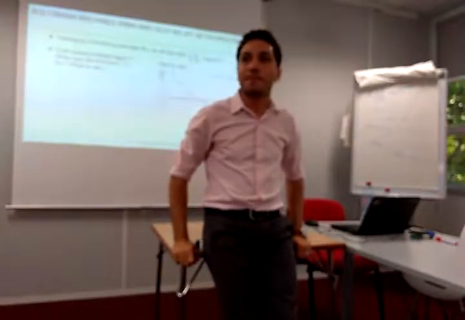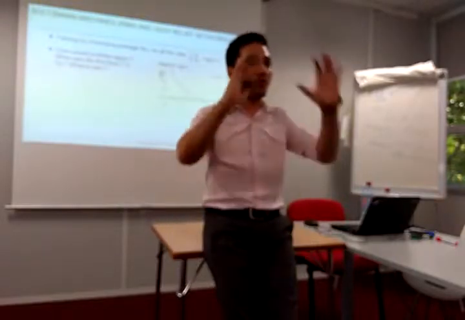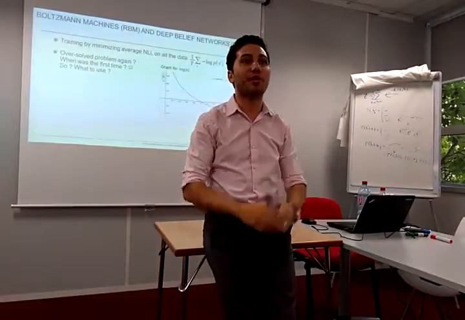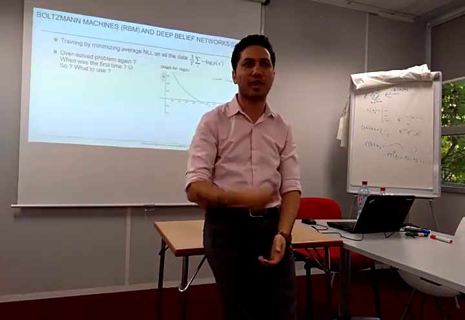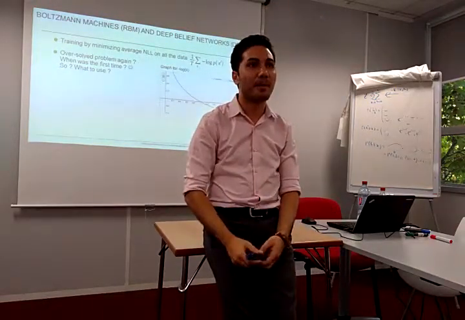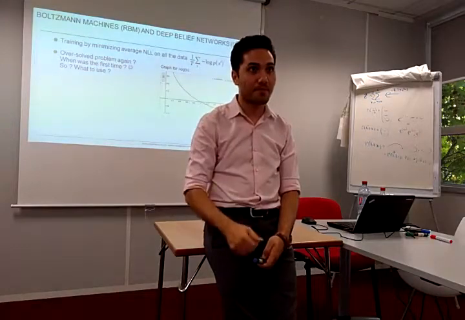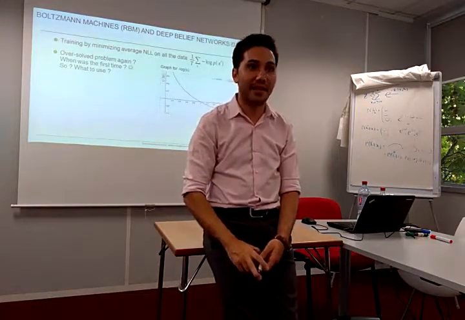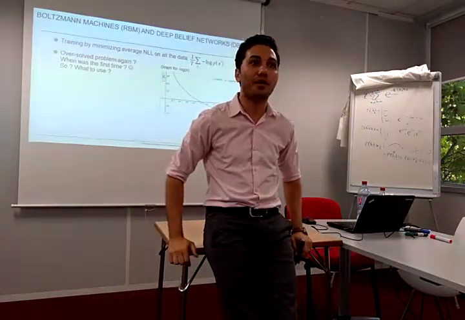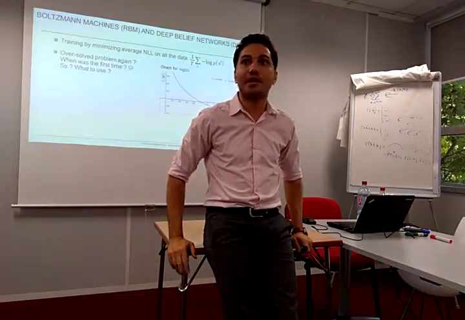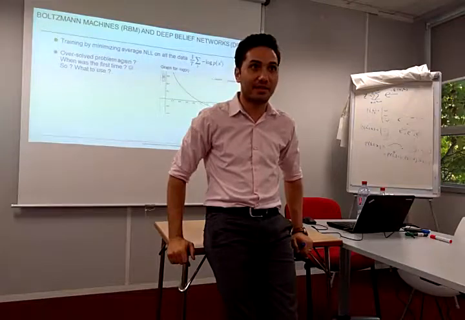So what is the main purpose of a Boltzmann machine? If I give you a Boltzmann machine with weights, it's trained. What is the purpose of it? How would you use it? Distribution of probability of output. Exactly. So using this machine, you have a probability distribution of the data it has seen.